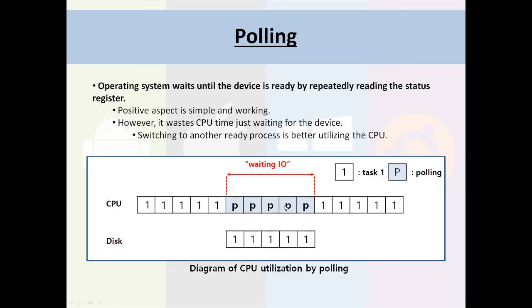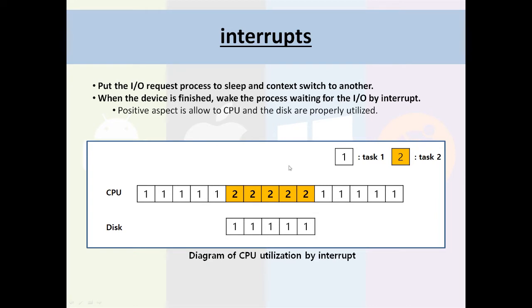We already know that the solution to this is to switch to another process for better CPU utilization, and that is exactly what we do. Instead of using polling, we use interrupts. And instead of waiting all the time, we just swap in another task, task 2, for example.